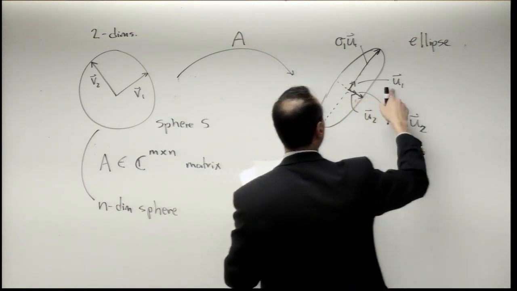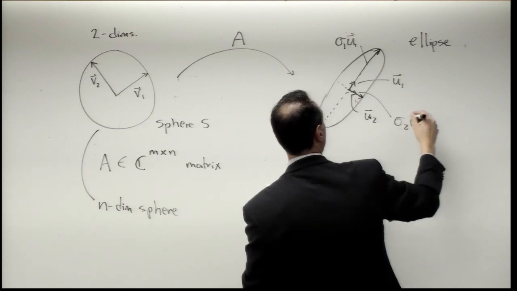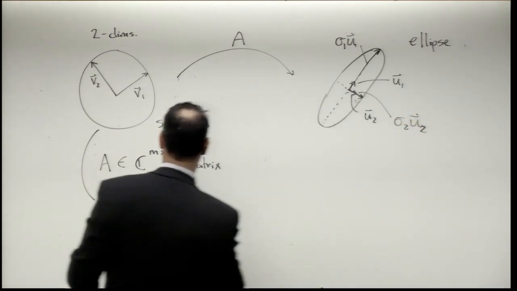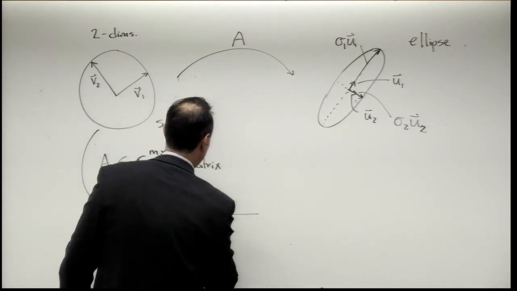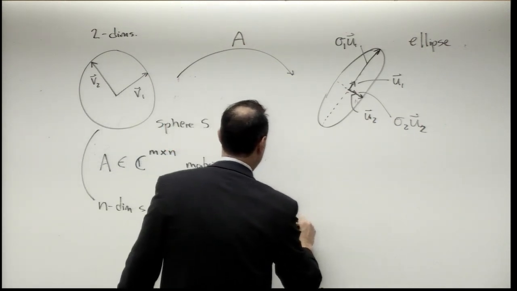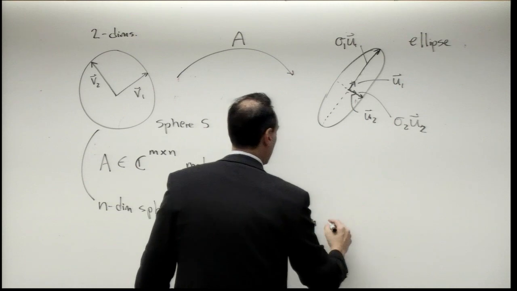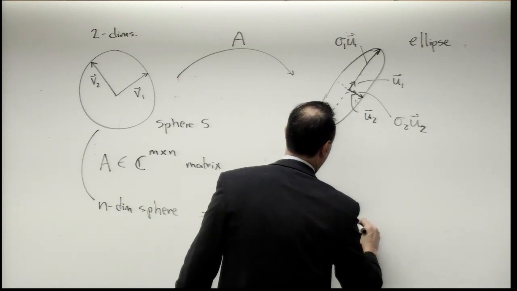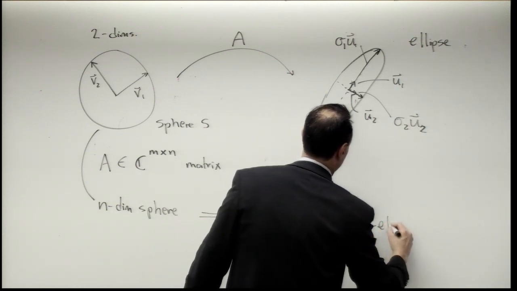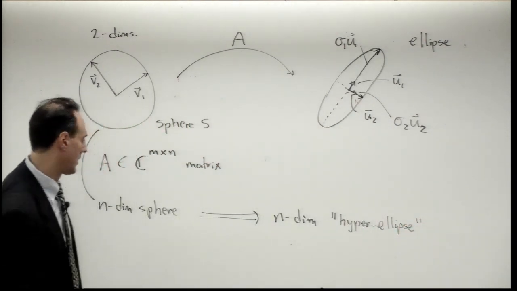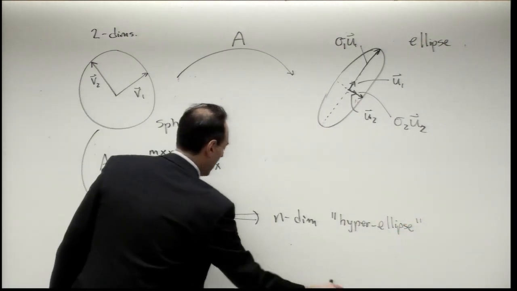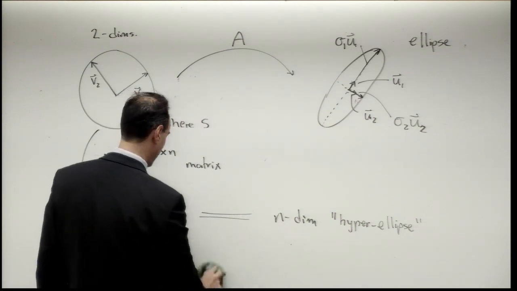And now what I do over here is I have u1 and u2, but more generally, this n-dimensional sphere takes me to an n-dimensional, whatever, it's called a hyperellipse. Okay? Let me make this arrow a little more pointy.